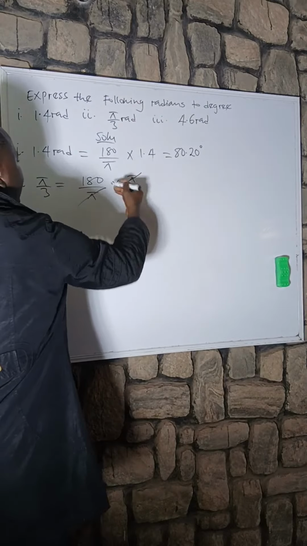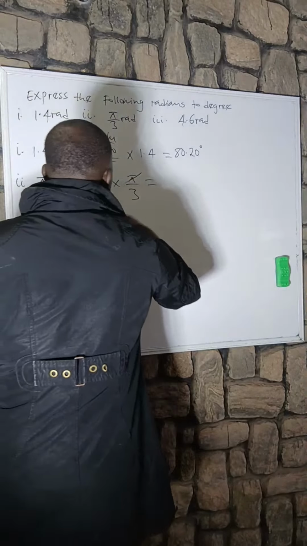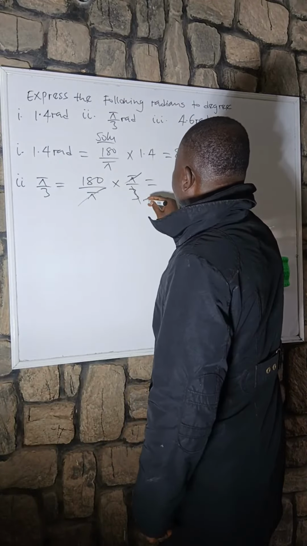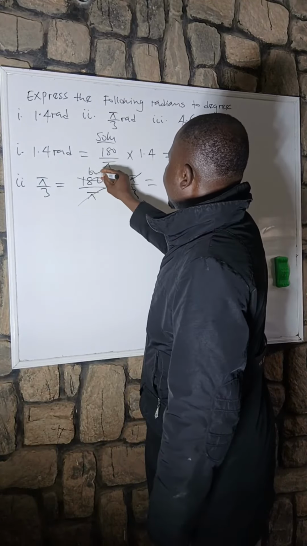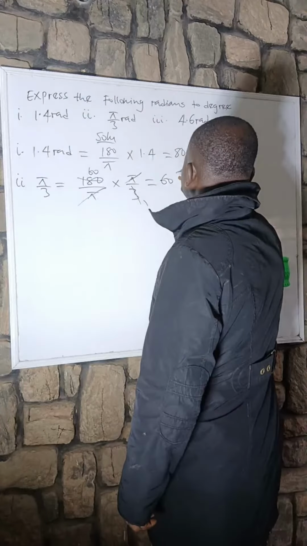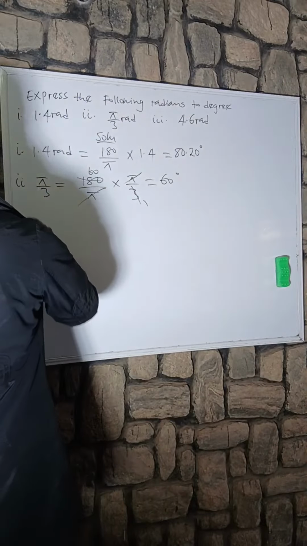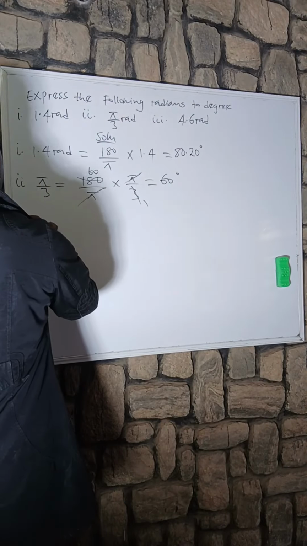This and this will cancel. Then 18 divided by 3 is 6, right? So here will be 60 degree.